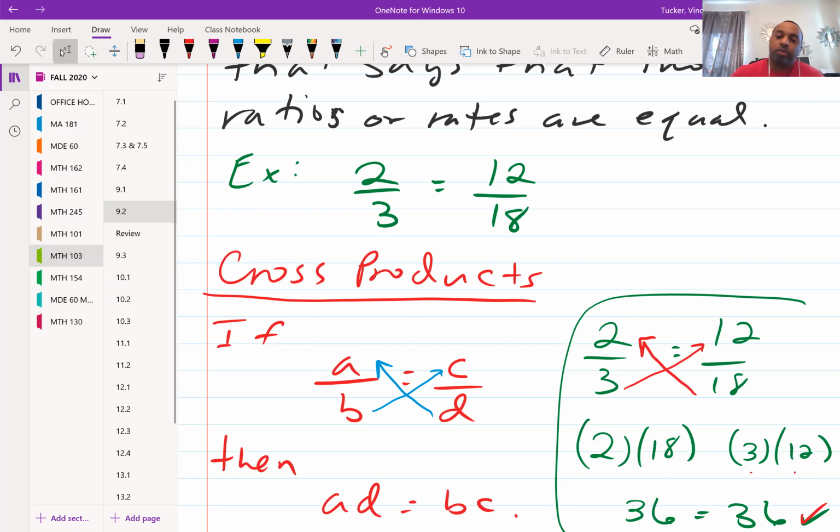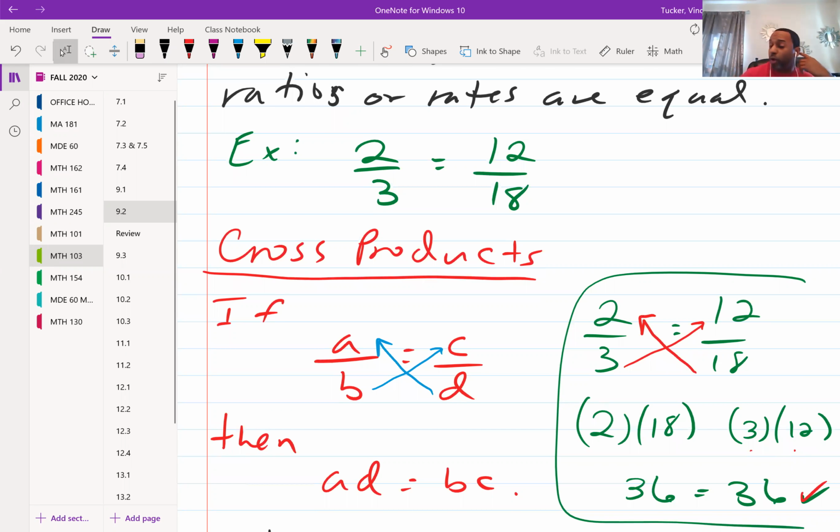So if you go back to our example, 2/3 equal to 12/18, we cross multiply, that's 2 times 18, 3 times 12, and so 36 is equal to 36. All right, questions? Any questions?